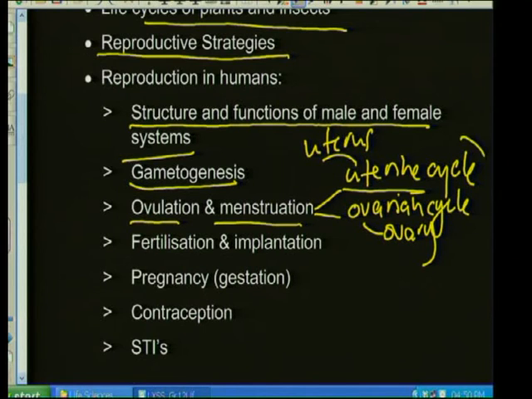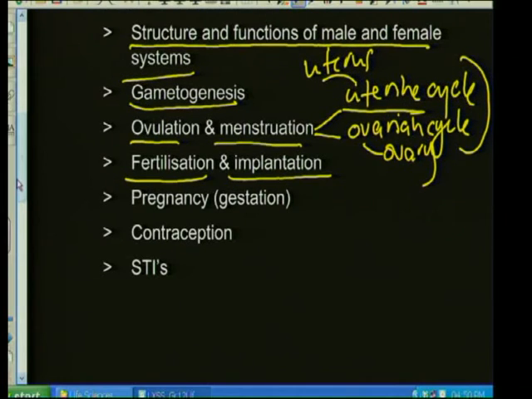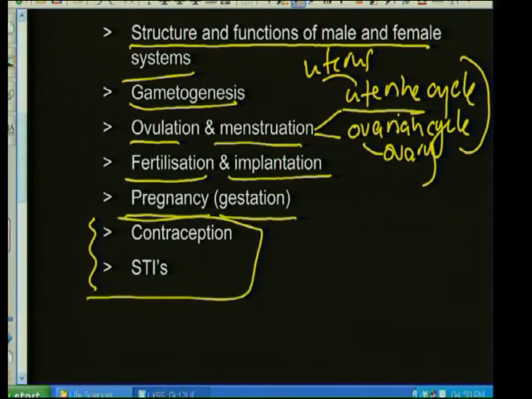But these two cycles have to be synchronized so that all the hormones are secreted exactly at the right time, and everything must be in place as the cycle continues. We then move on to fertilization and implantation. Then that will lead us to pregnancy or gestation. Then we look at other issues around reproduction, and that is contraception and STIs.